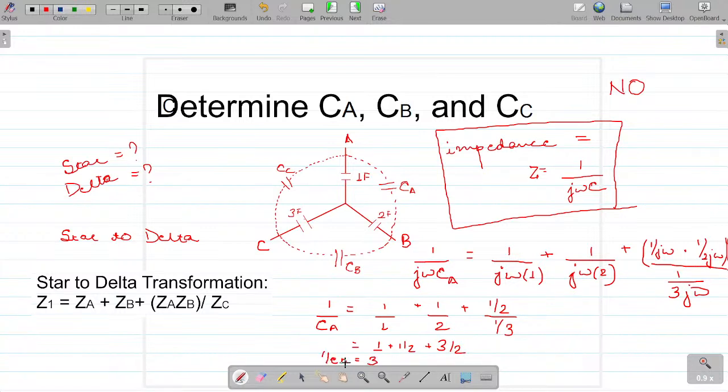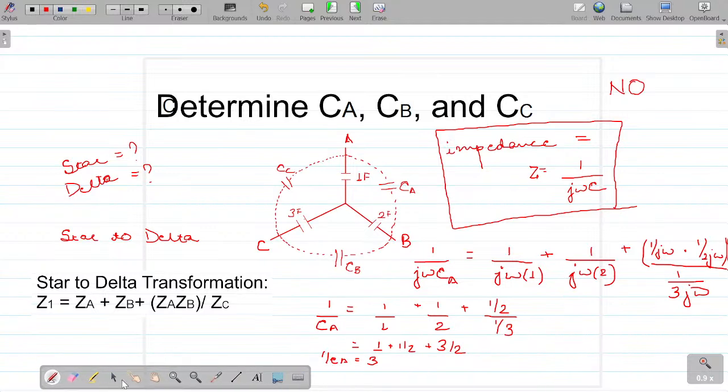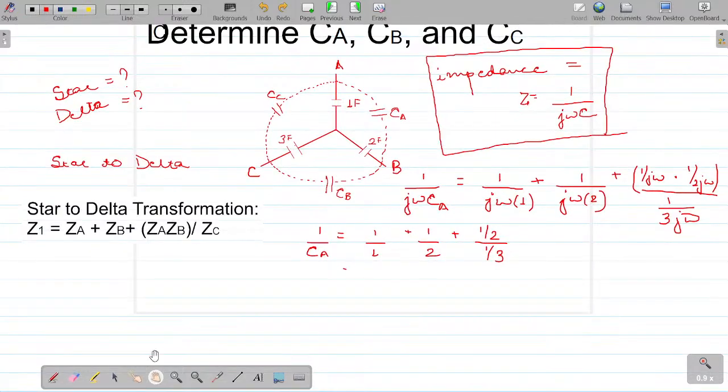1 by Ca equals, I'll rewrite it for you so that you can view it better. Can I write Ca is equals to what? 1 by Ca is equals to 3.